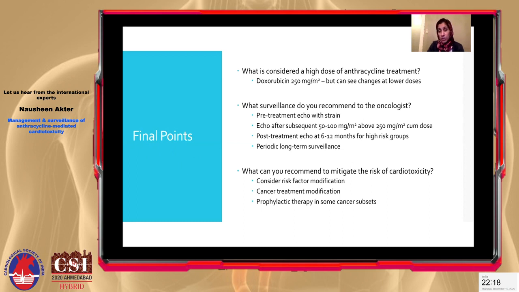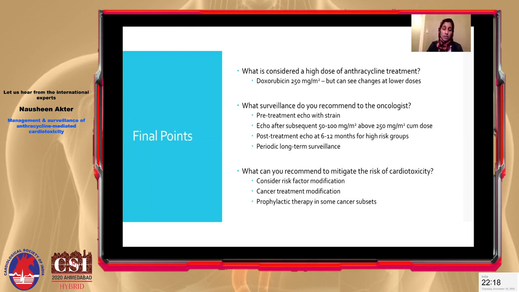What surveillance recommendations would you give the oncologist? All patients receiving anthracycline treatment should get a pre-treatment echo with strain if possible. The echo should then be obtained at 50 to 100 milligrams per meter squared, and above a 250 milligrams per meter squared cumulative dose, so above a high dose.